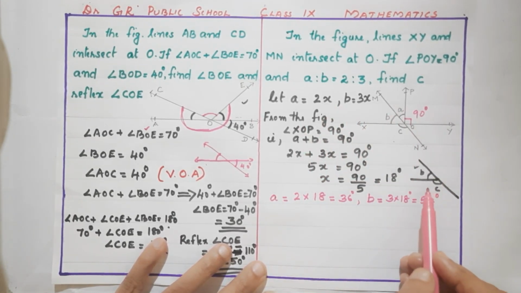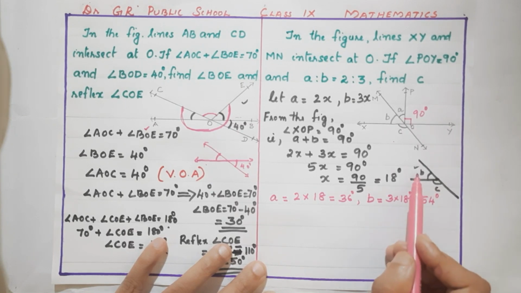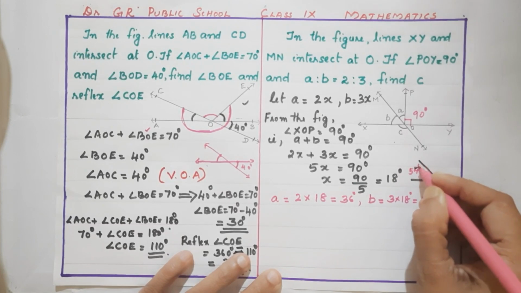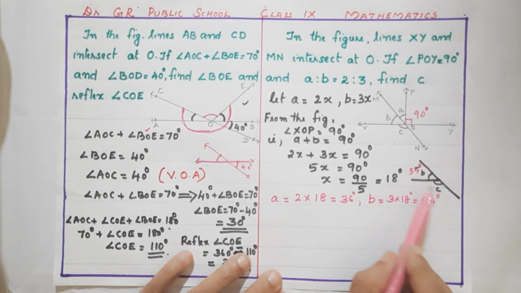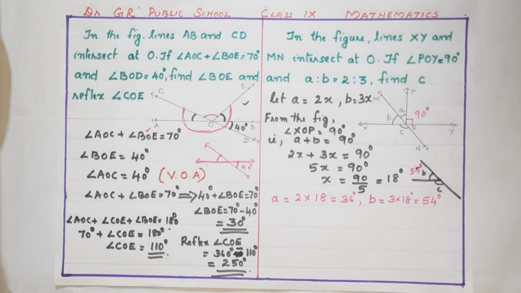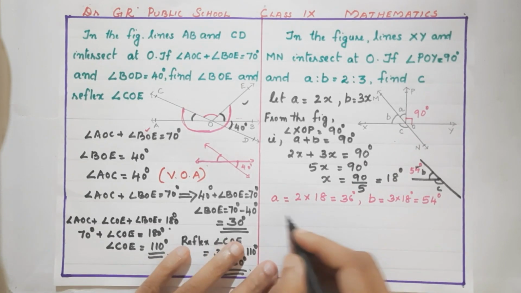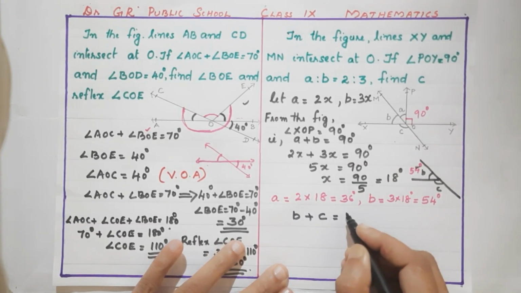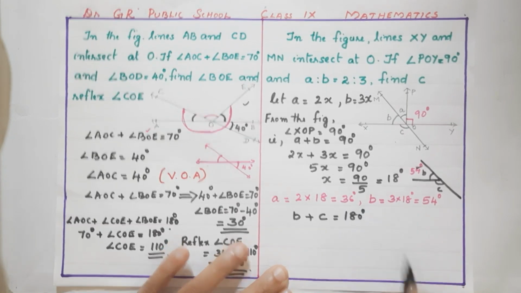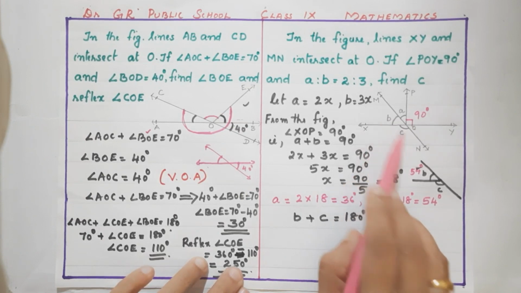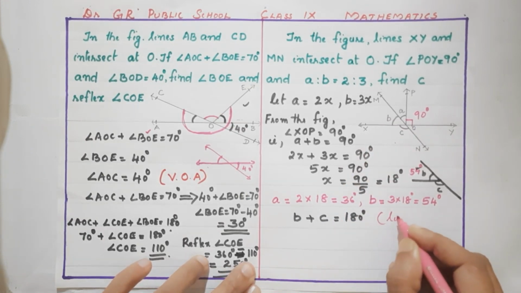Now how will you get C? B we got as 54 degrees. B plus C together is 180 degrees. So we can write B plus C is equal to 180 degrees. Reason: they are making a linear pair.